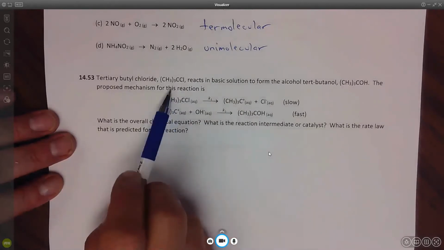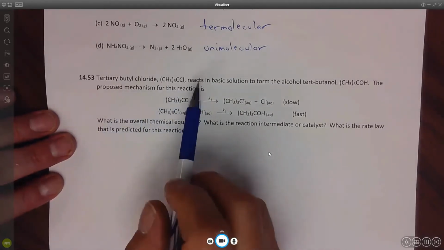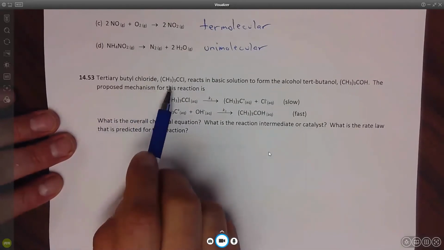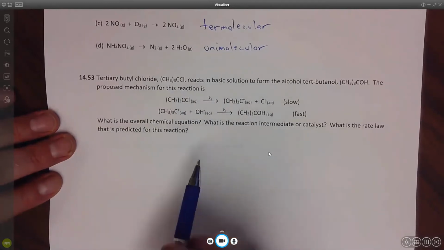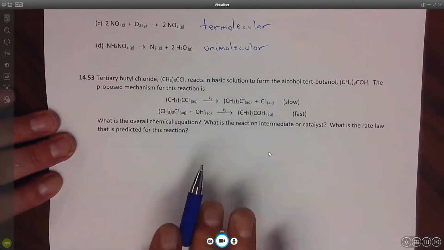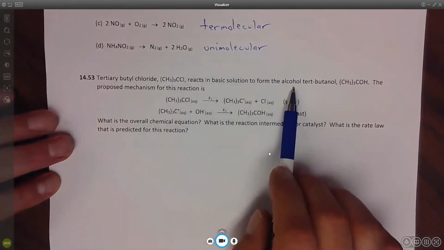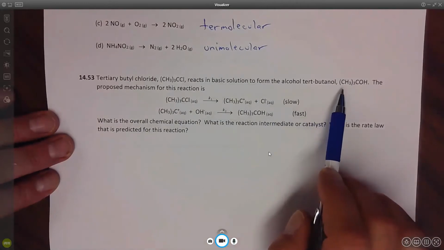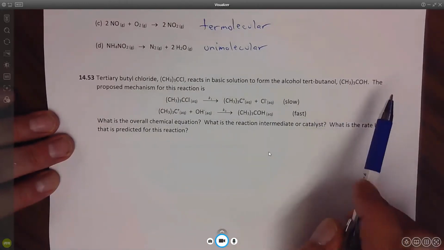So there's 1 and then 3 carbons. Tertiary butyl chloride reacts in basic solution. So that would be the catalyst. Now these are elementary steps, we'll get to the overall step. It reacts in basic solution to form the alcohol tert-butanol.